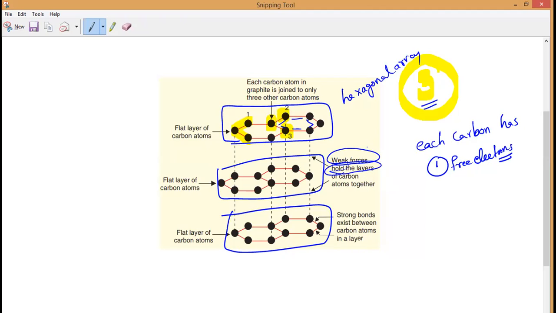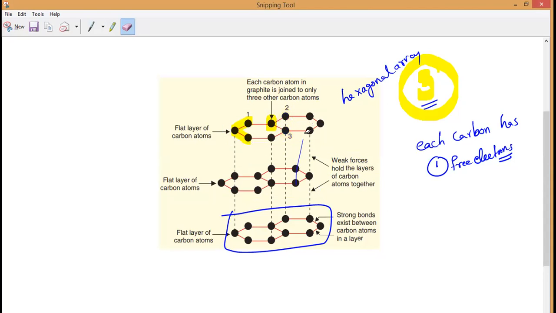Easily, because the bonds present between the layers are weak bonds. You can notice they have been represented with dotted lines. So dotted lines indicate weak forces. That is the reason we can easily cut the graphite layer by layer.